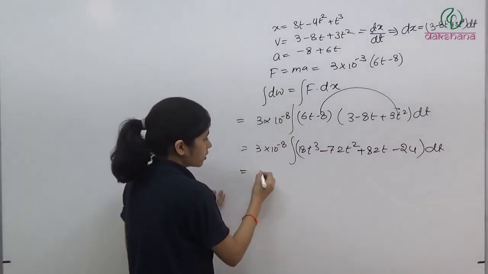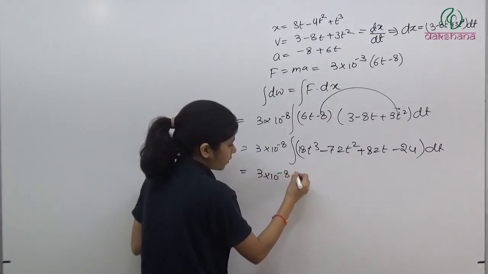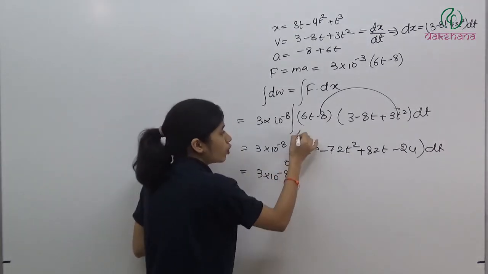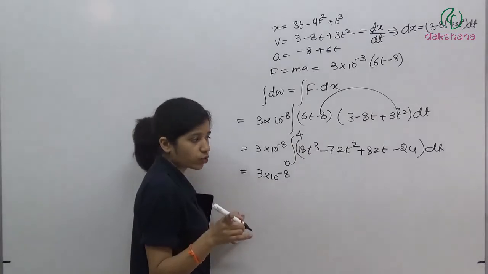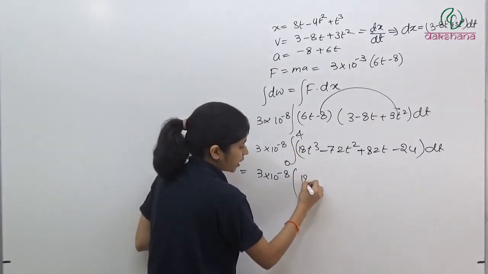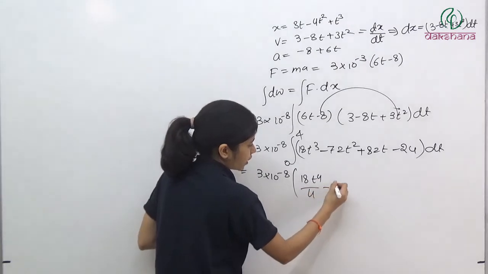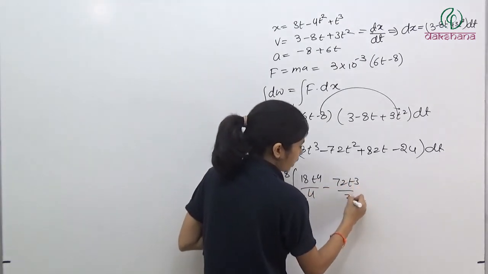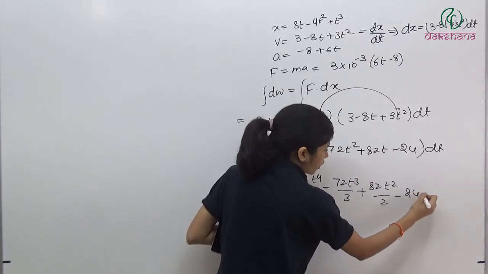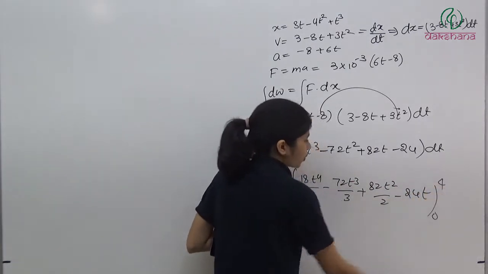Now integrate this, 3 into 10 to the power minus 3. Integration from where to where? From t is equal to 0 to t is equal to 4. They are asking from t is equal to 0 to t is equal to 4. Now integrate this. So what will we get? 18t power 4 by 4 minus 72t cube by 3 plus 82t square by 2 minus 24t from 0 to 4.